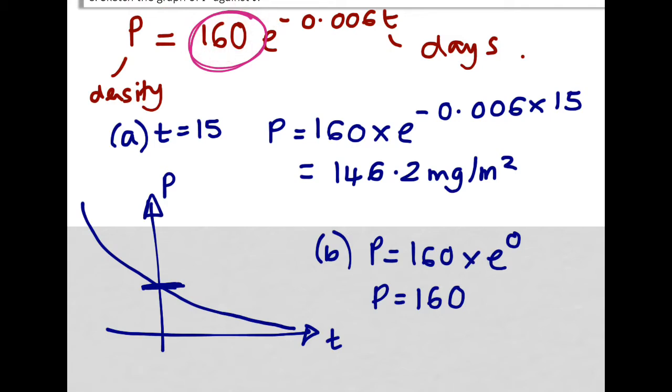So let me just go through that again. That value, 160, that is multiplying the exponential, will be the density when the exponent, which is this part up here, is 0. So here we can see p equals 160.